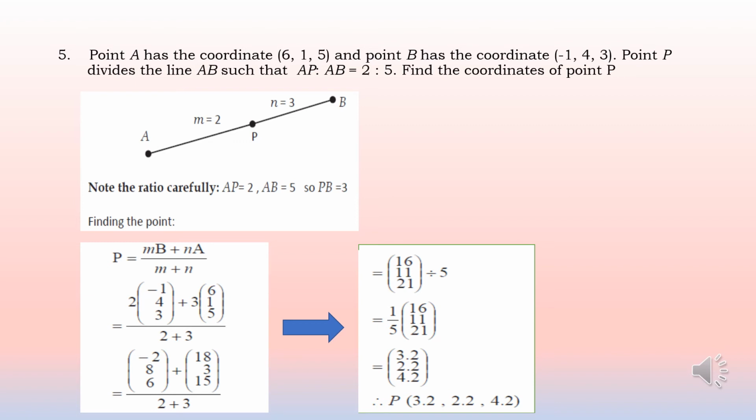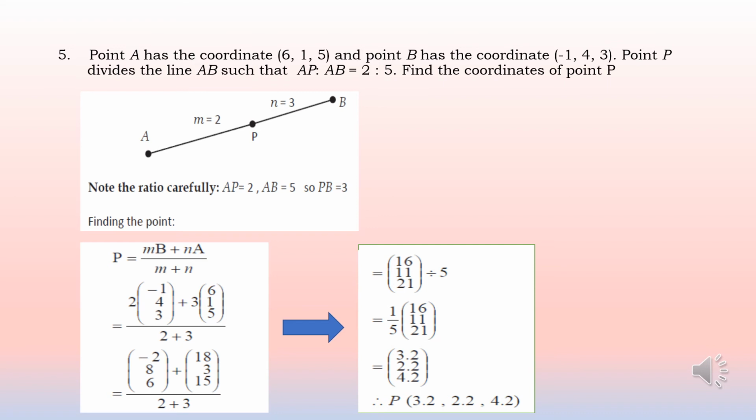But the ratio that is given in the question is AP is to AB. So AP represents 2 and AB represents 5. Now you can draw a line AB. AB would be 5 and from A to P is 2.